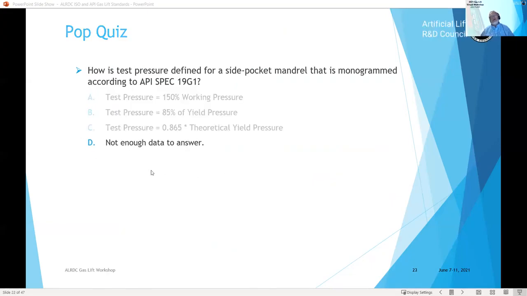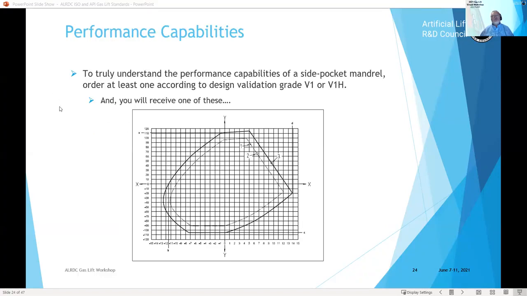Well, there's actually not enough data to answer because we didn't discuss the specifics of test pressure. In fact, if you look through the document, you will see that the test pressure becomes more specified as you move to the higher levels of design verification. So to truly understand the performance capability of a side pocket mandrel, you need to order at least one according to the design validation grade V1 or V1H. What will come out of that is this operating envelope.